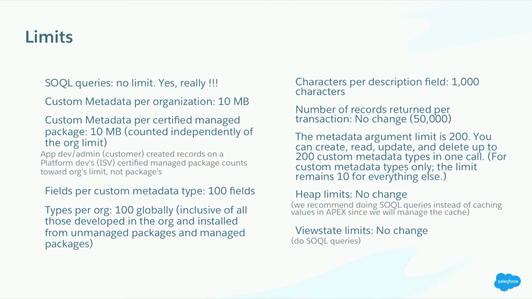Actually, 10 megabytes is not the correct limit; we just talked about it recently, and it's 10 million characters in all of your records of custom metadata types. And that's going by the definition of the field, how many characters can be on the field. So if you say your data has a 30 character field, we're going to count that as 30 even if the data itself only has 1 or 2 characters.